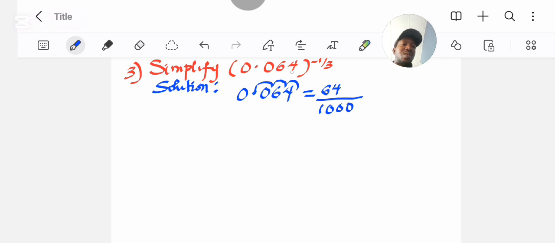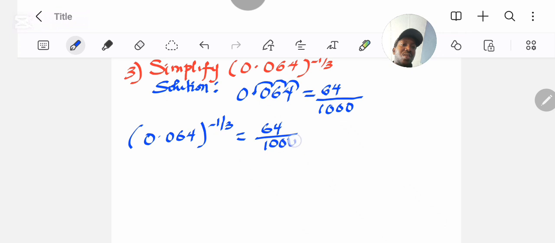So we can now change the question back and say that 0.064 raised to power minus 1 over 3 is now 64 over 1000 raised to power minus 1 over 3. The moment we do this, this gives us another problem. Like we stated earlier, that if you have a negative power, it will interchange the fraction.